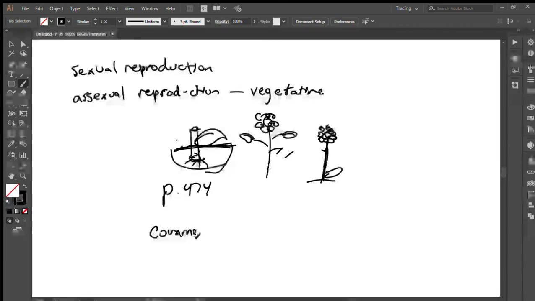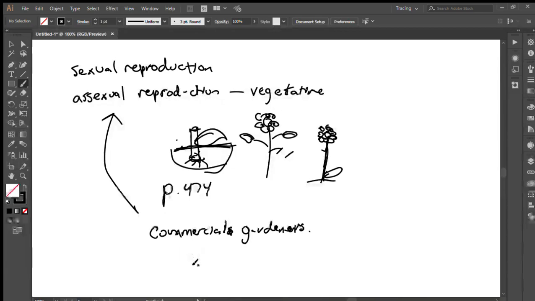like your greenhouses. Say they've got a flower that they really like, it comes out just perfect, they want many of those. Well, if we do asexual reproduction, if we take clippings of that flower and grow new plants, those flowers are going to be genetically identical to the original.